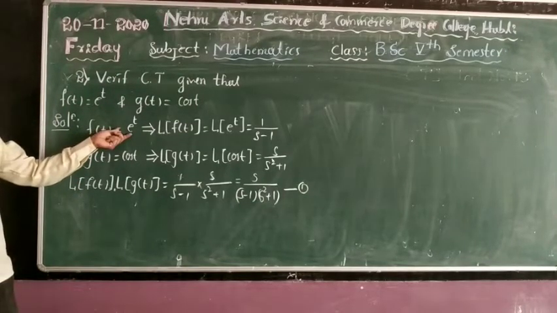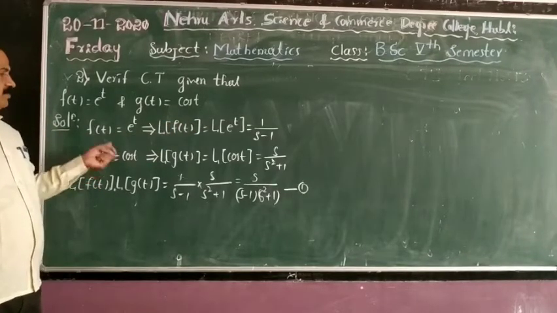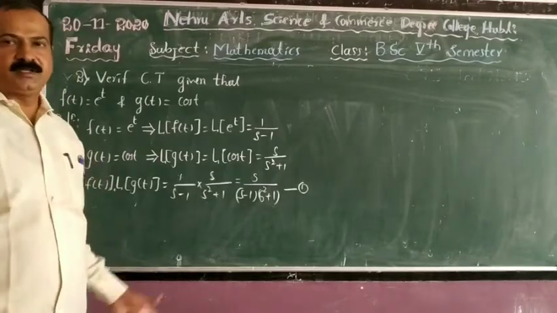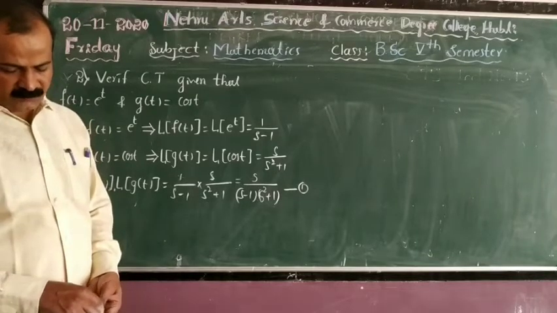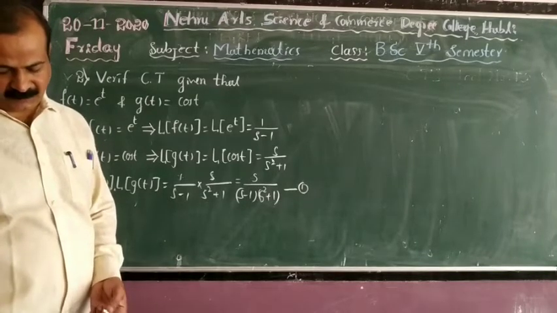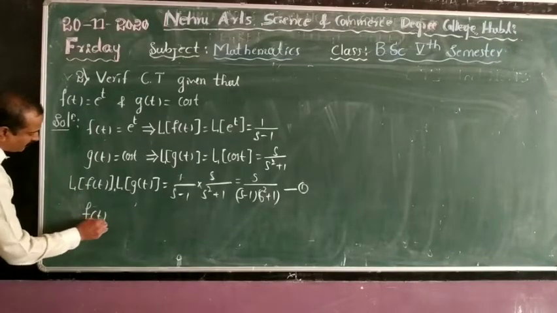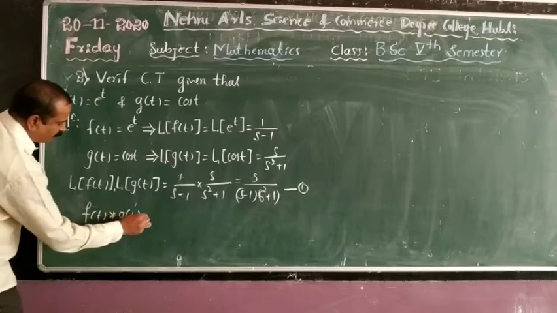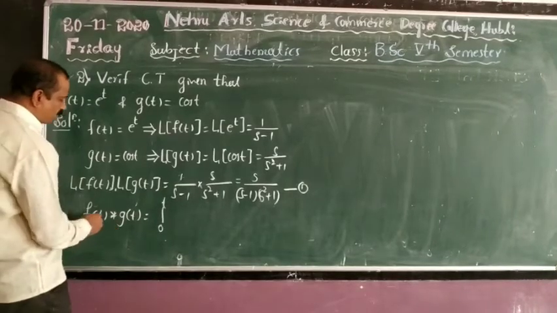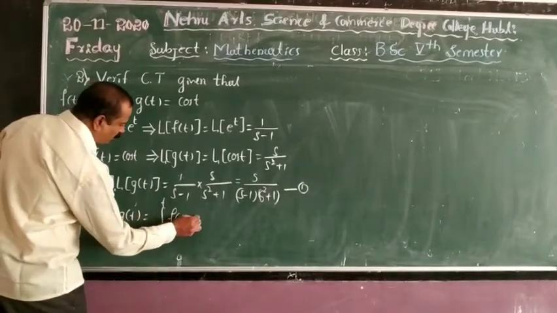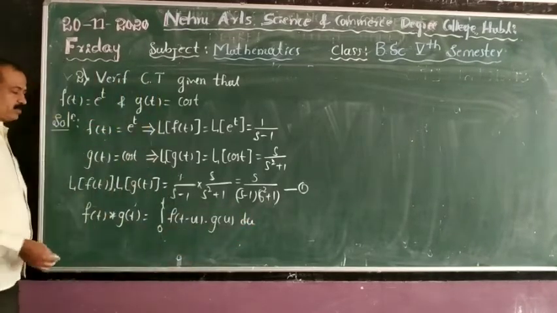Next, go for the left hand side of the result, to take f of t star g of t using the convolution definition. f of t star g of t is equal to integration from 0 to t f of t minus u into g of u du.